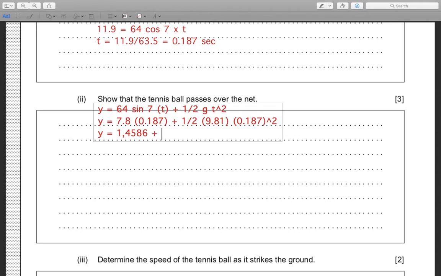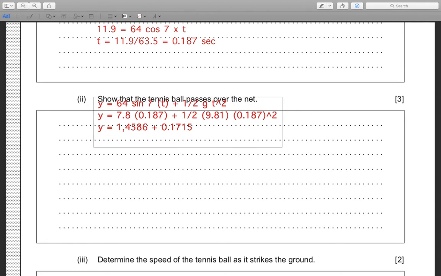This is about 0.1715. So y is 1.4586 plus 0.171, so we get 1.63 meter.